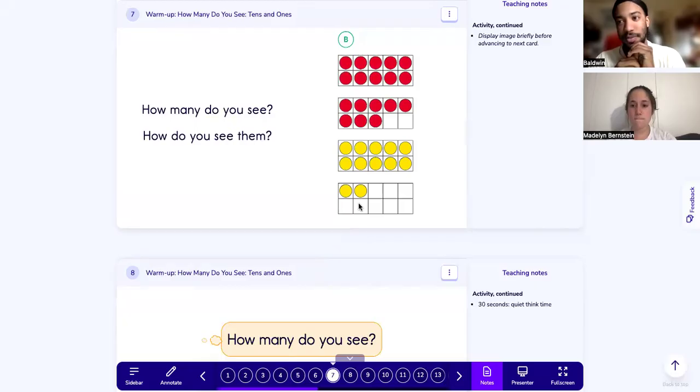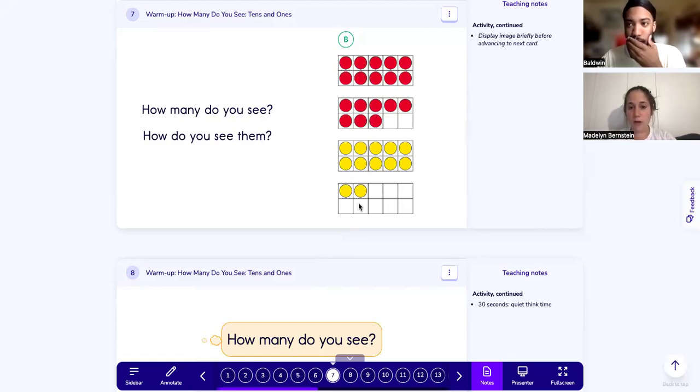Okay. How many do you see, Maddie? I see 18 red and 12 yellow. Good. And can you tell me in terms of how many tens you see and then how many ones you see for each, the top and the bottom?